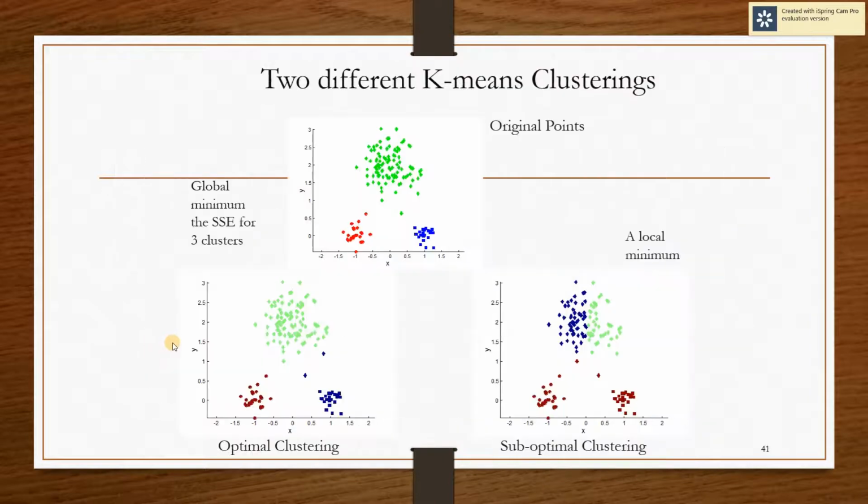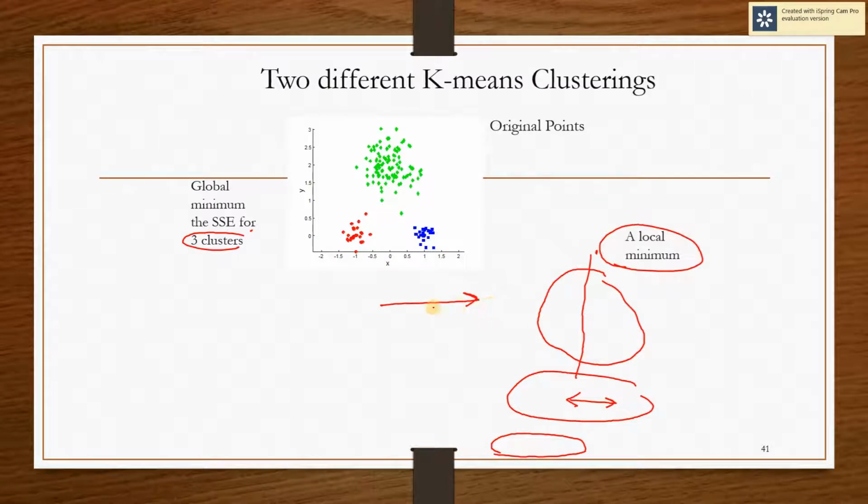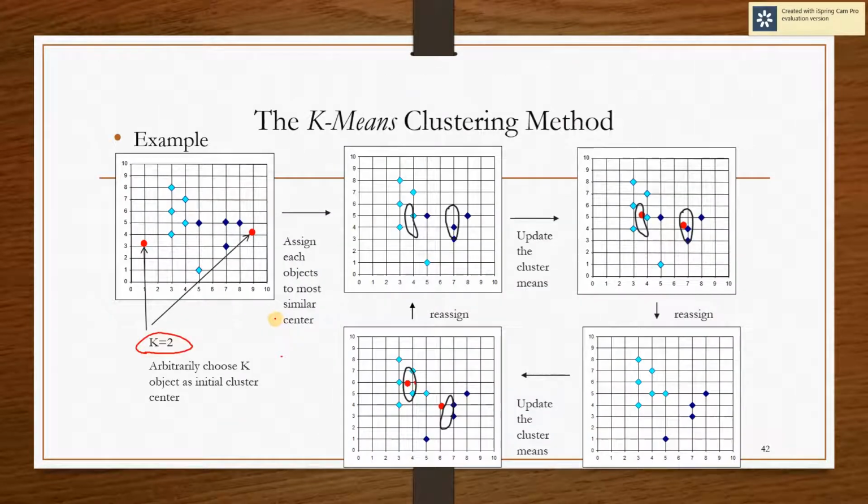When you say that your clusters are 2, you have to compute the seed points as the centroids of the clusters. So here your first seed points will be initialized as this point and this point here.